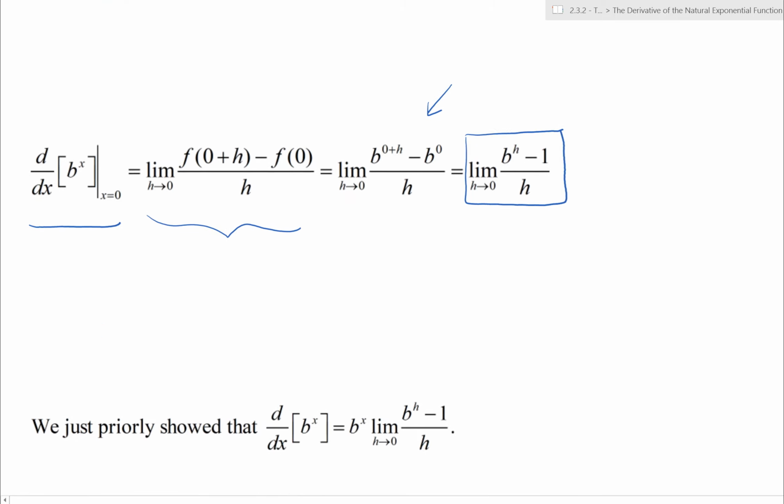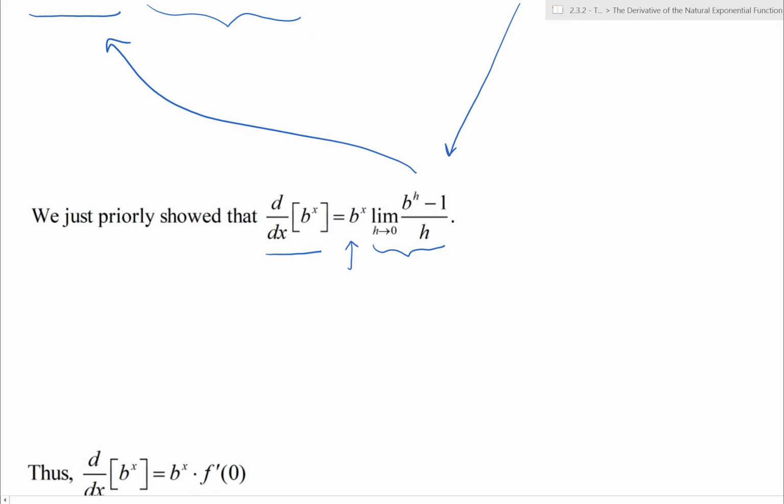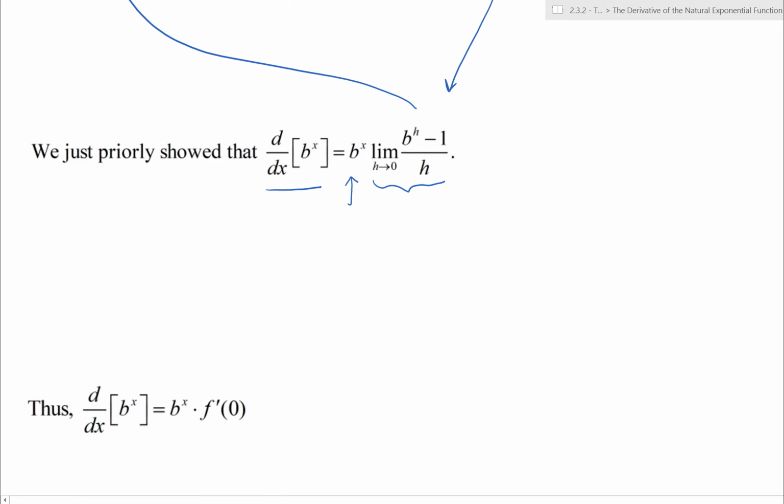And thus, from this derivation that we just figured out, it follows that because the derivative of b to the x is the function b to the x times this limit right there, and that limit is exactly the same as the derivative of the function at 0, then it allows us to conclude that, oh, look at that.